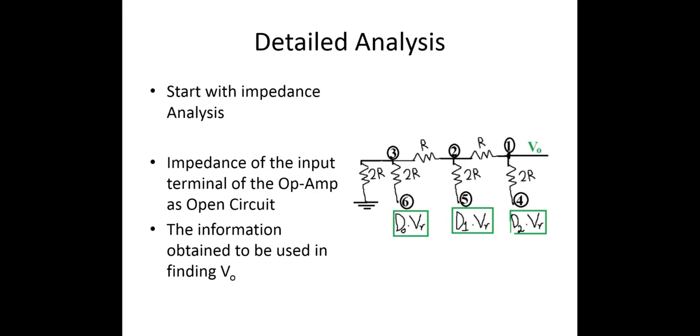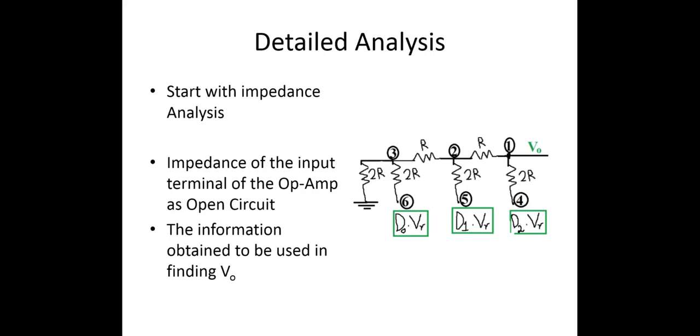So let's see what this property is. As a first step, we remove the op amp, because the impedance of the input terminals of an op amp is very high, at least 1 mega ohm. So we can approximate it as an open circuit.